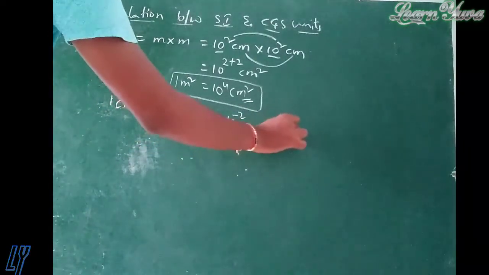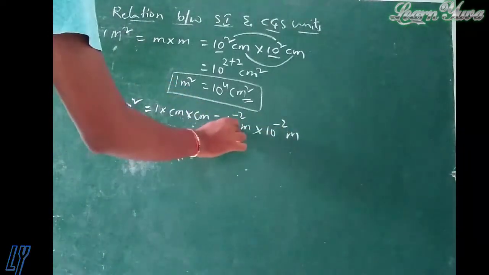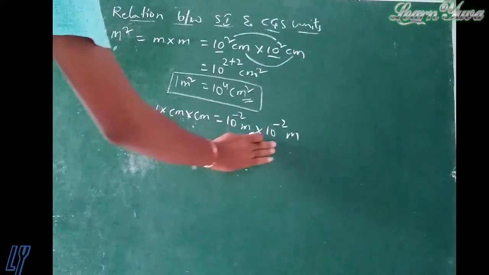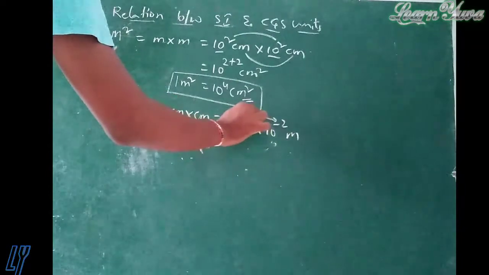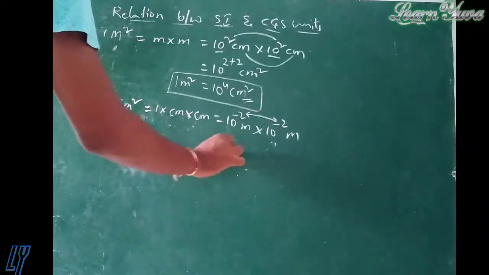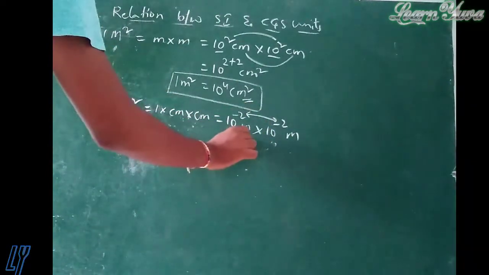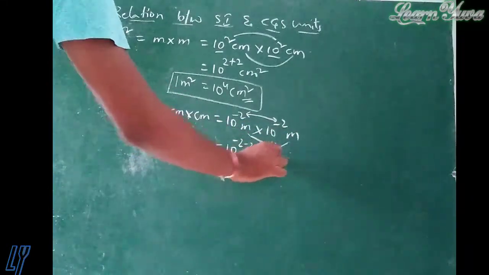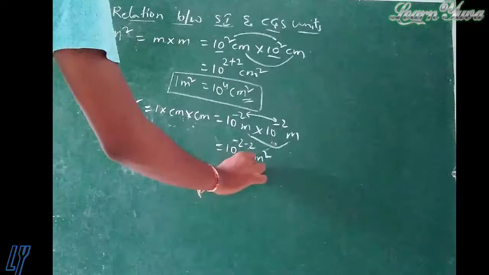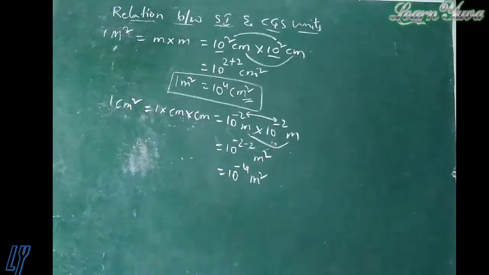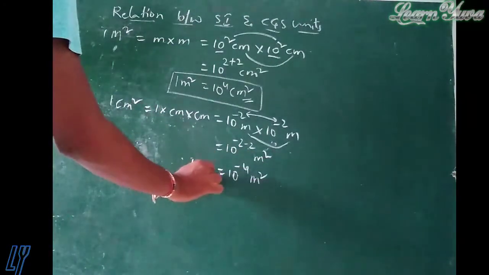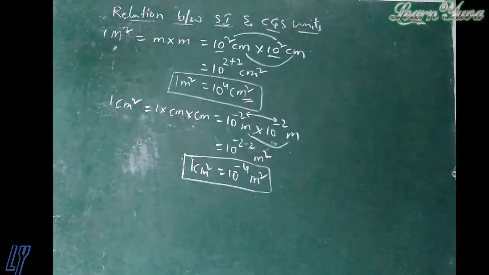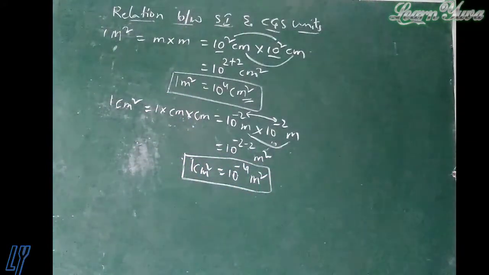But the bases are same, so powers should be added. 10 power minus 4 meter square. So 1 centimeter square is equal to 10 power minus 4 meter square. In this way we can do the conversion.